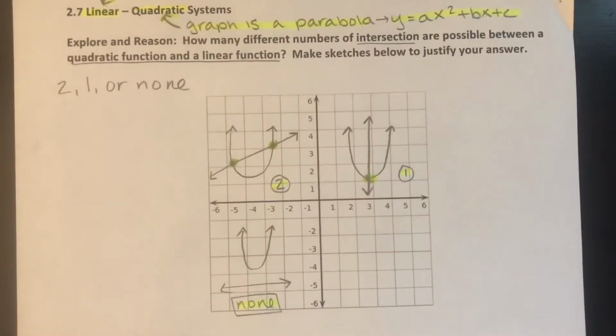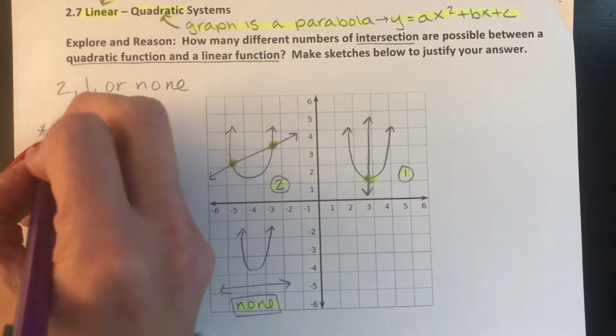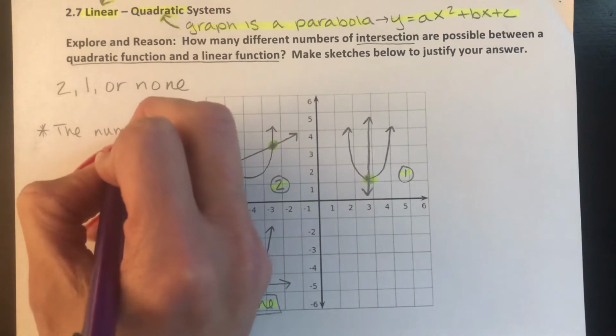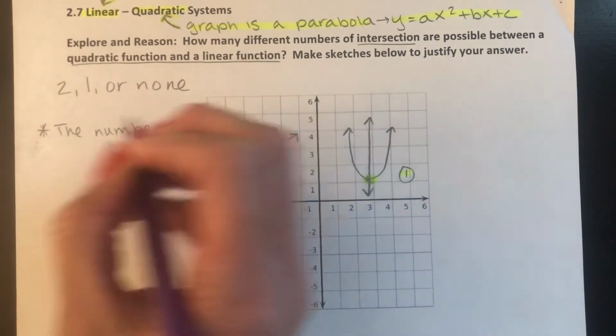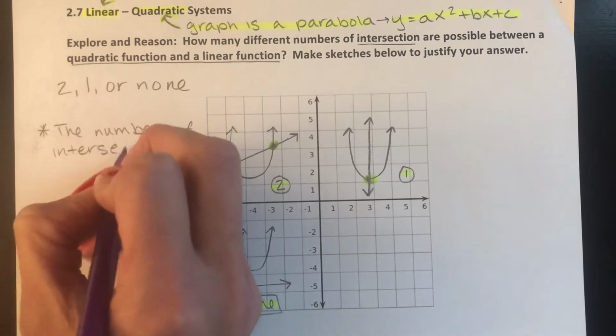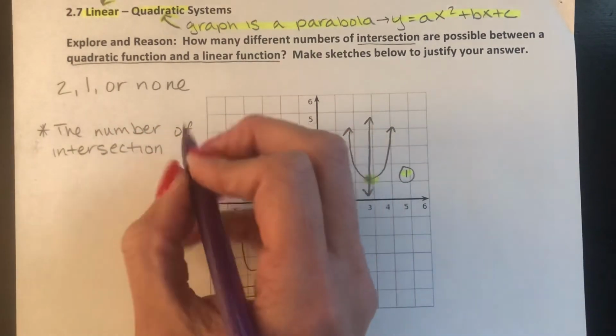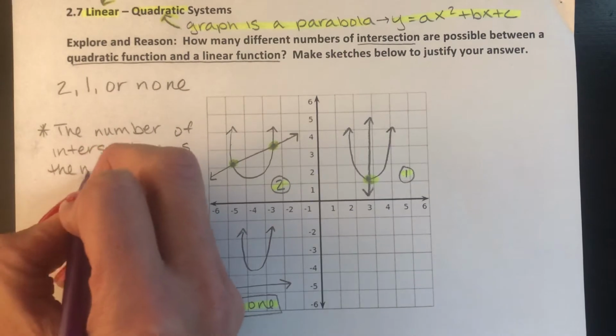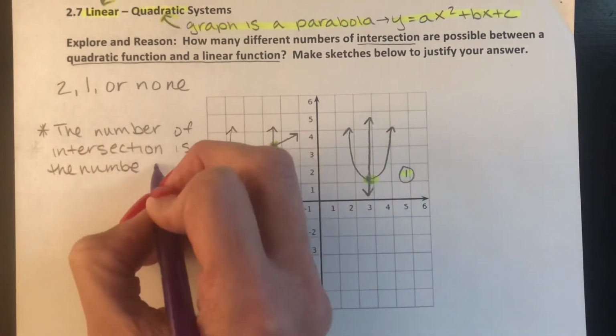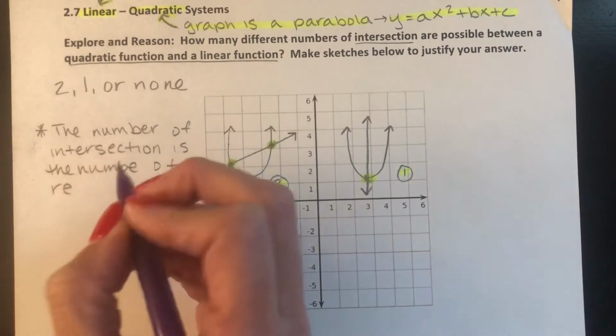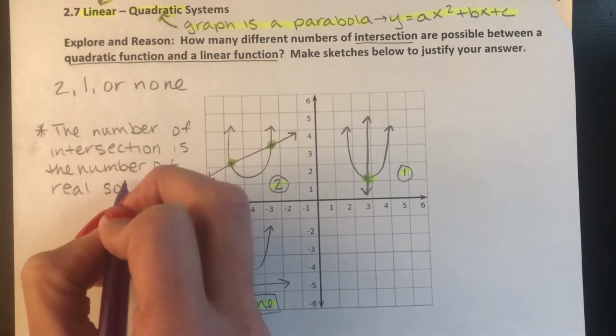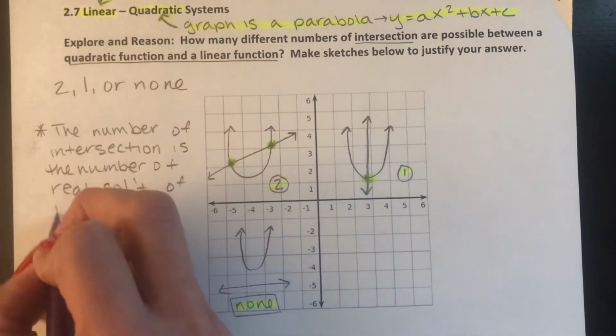Why is this important? The number of intersections is the number of real solutions to this system, so let's write that down: the number of intersections is the number of real solutions of the system.